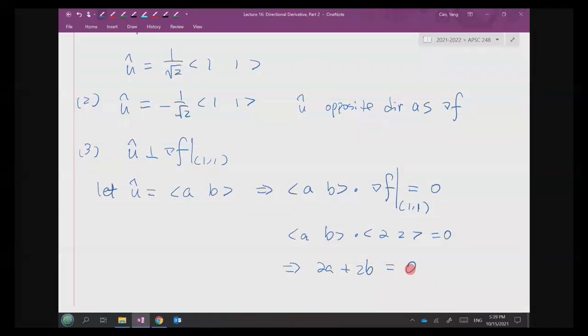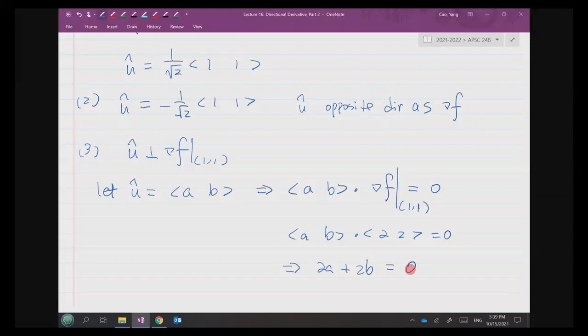Okay, so where should I go next? I got two variables, but I only have one equation. So if I want to solve for a and b, I can't. I have to have another equation in order to solve for a and b. So where would the second equation come from?